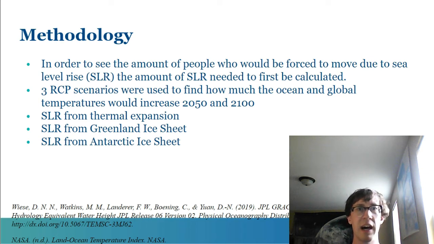And to do this, I first looked at sea level rise from thermal expansion of the ocean, which is just when the water heats up, it's going to expand just as a simple physical property of water. I also wanted to look at how sea level rise is going to be affected from the melting of the Greenland ice sheet and from the Antarctic ice sheet.